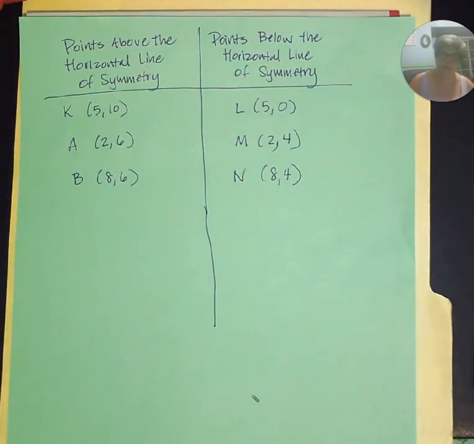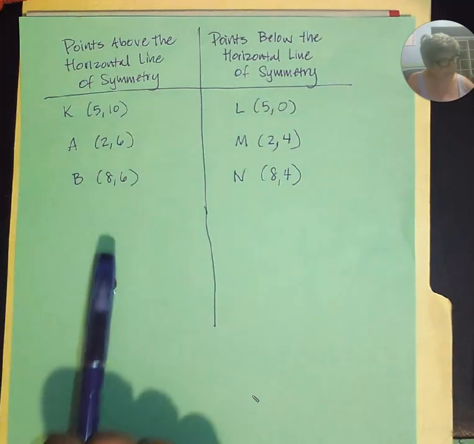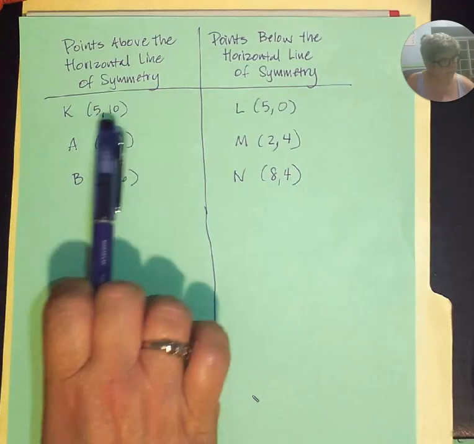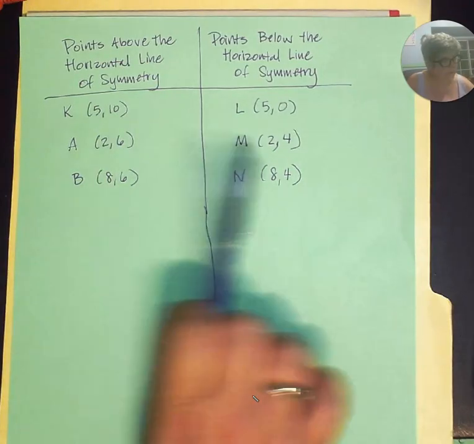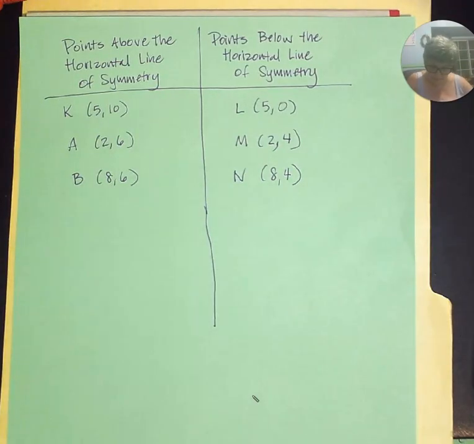Before your y's were the same. Now your x's are the same: 5 and 5, 2 and 2, 8 and 8. Each point above the horizontal line of symmetry has the same x-coordinate as the symmetric point below the horizontal line of symmetry, which means the symmetric points lie on the same vertical line.